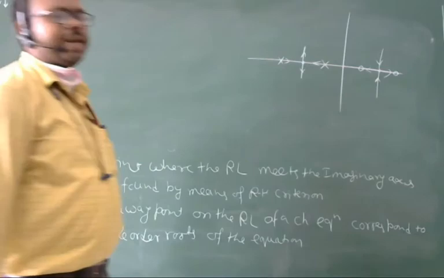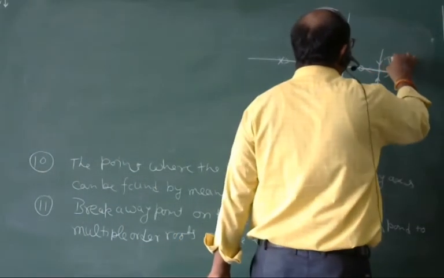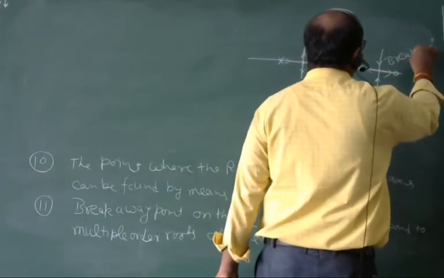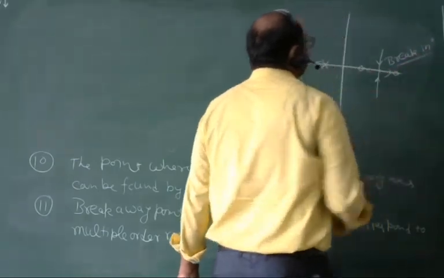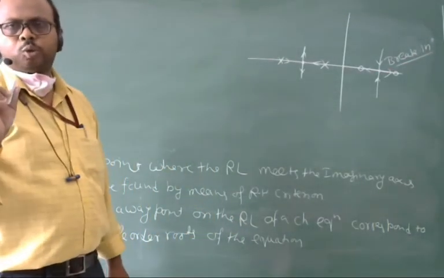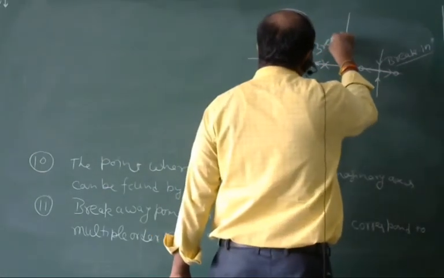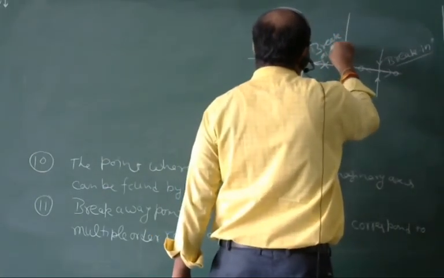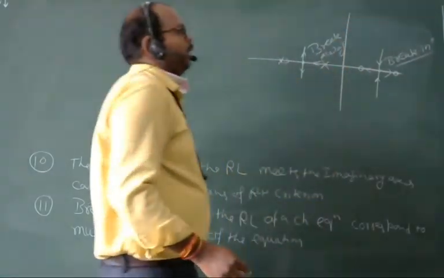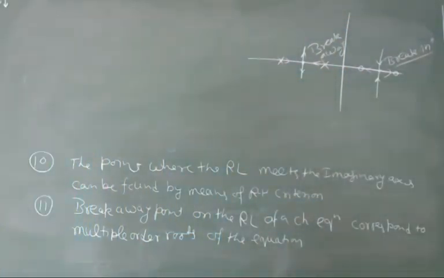So the break-in point will lie in between two zeros, and the breakaway point will lie in between two poles.